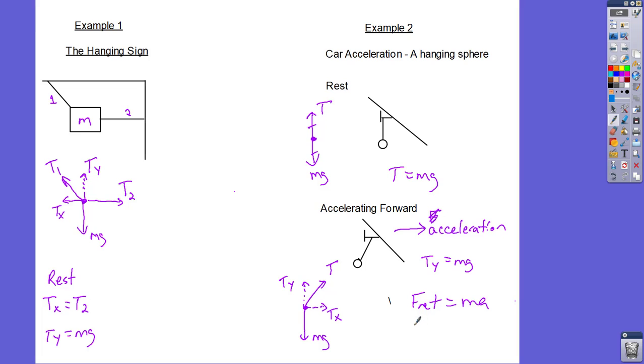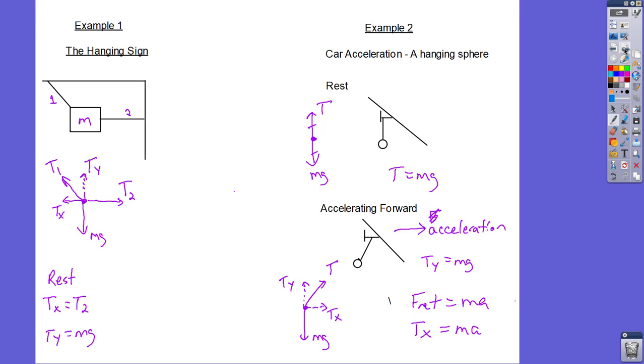In this case, F net would be Tx. That x component would equal the mass times the acceleration. So that's a simple case, but you always want to rely on the strategy of looking at the problem. You want to draw a good force diagram, and then look at the state of motion and allow that to determine what your equations are.